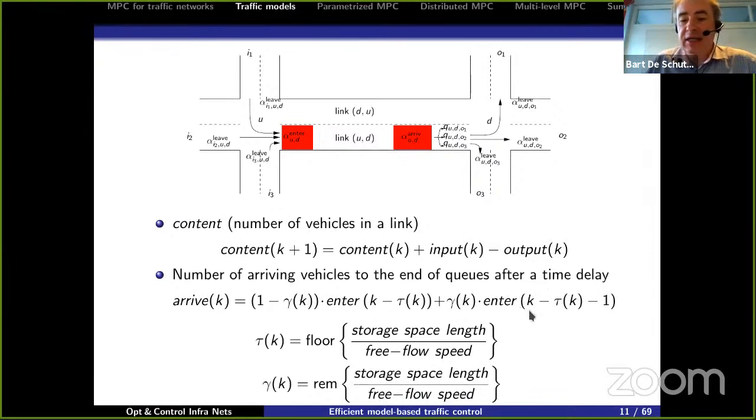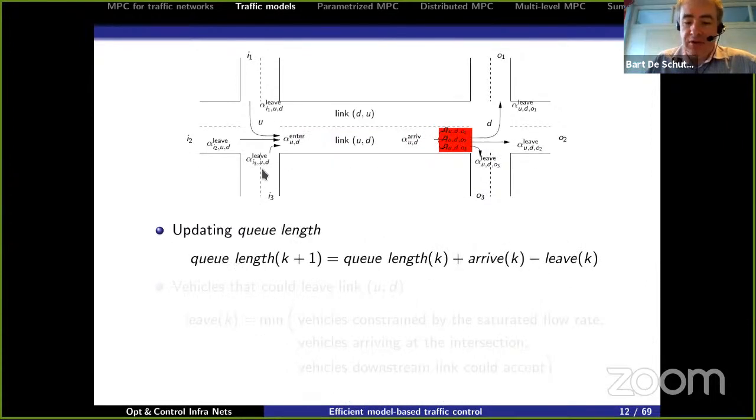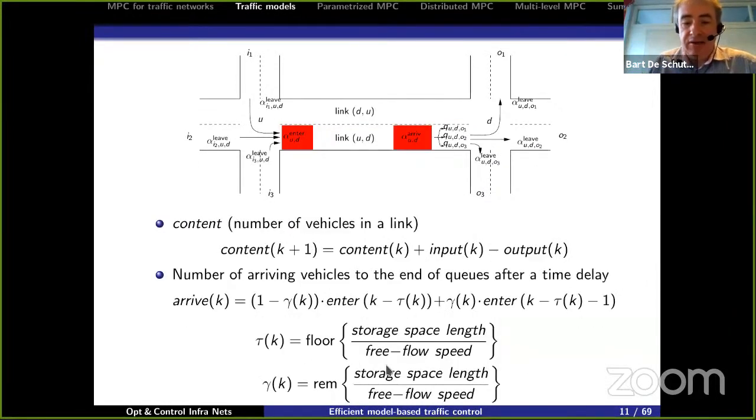So this is then the ceiling of the travel time. Depending on whether we are closer to the floor or to the ceiling, we take a larger part of the flow into account. That's where this remainder of the division between the travel distance and the speed is taken into account. In that way, we can relate a number of arriving vehicles to the number of entering vehicles.